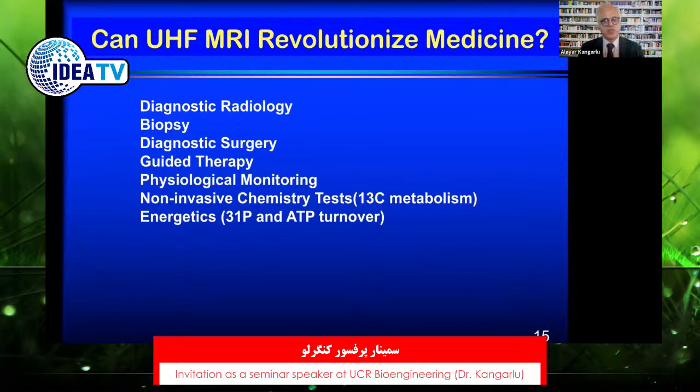Now, the question is, why do we have to go so far as paying millions of dollars for these MRI scanners? What can they give us? Well, MRI by itself, not just high-field MRI, has really revolutionized diagnostic radiology. You can imagine that before MRI, we only had CT and X-ray to rely on.